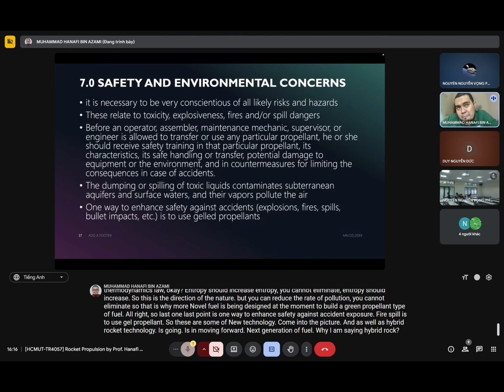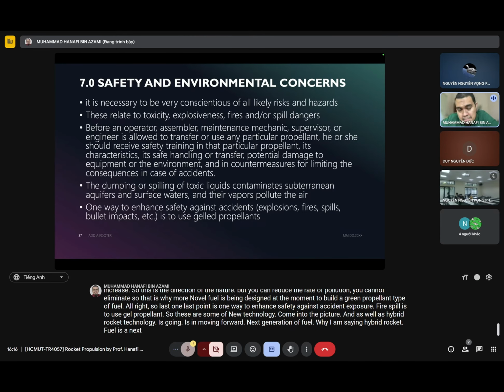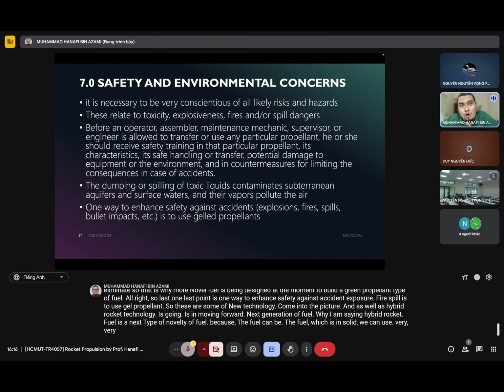Why am I saying hybrid rocket fuel is the next type of novel fuel? Because the fuel can be solid, and we can use various types of green propellant fuel.